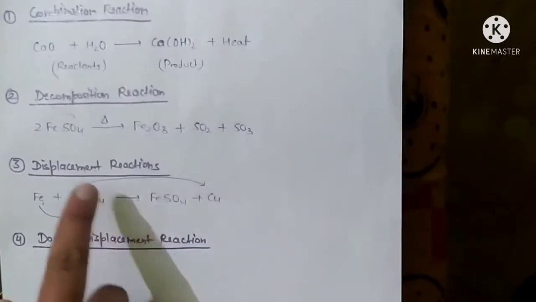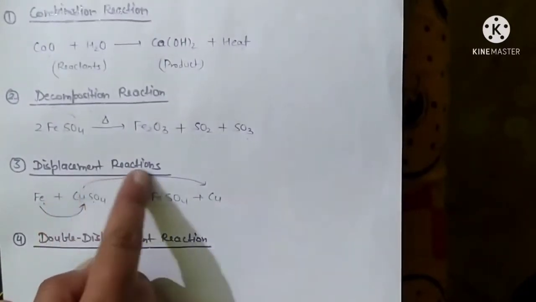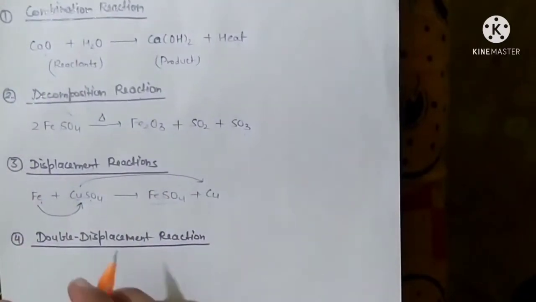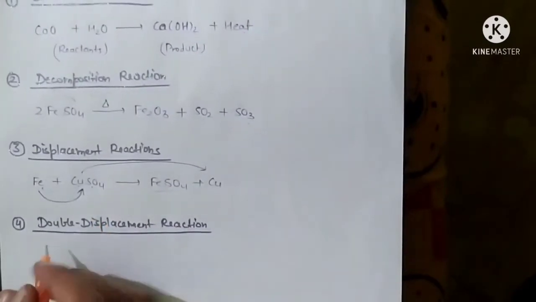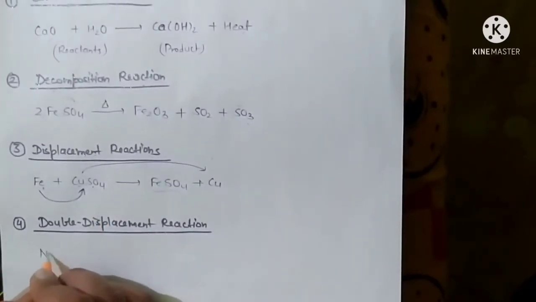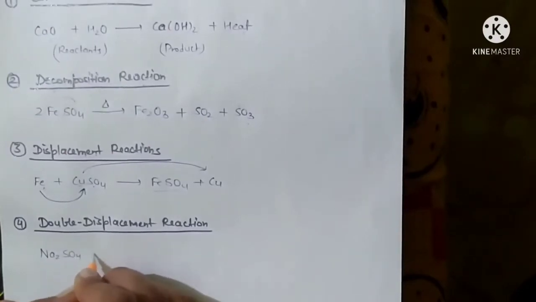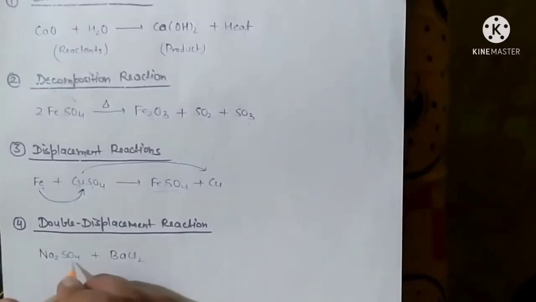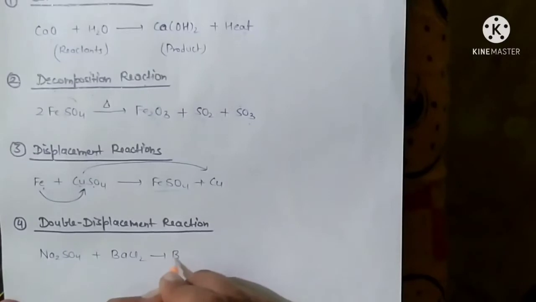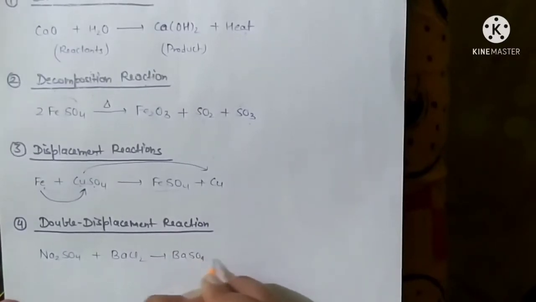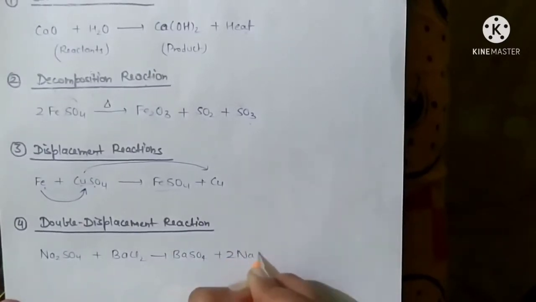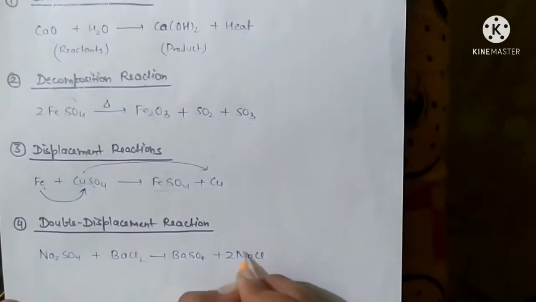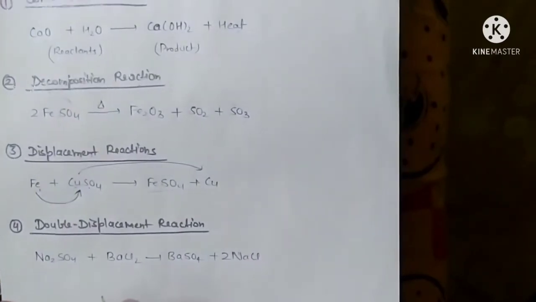It is similar to displacement reaction, but it is quite different in some manner. Let's take an example, Na2SO4. When Na2SO4, sodium sulfate, reacts with barium chloride, it forms barium sulfate plus sodium chloride, NaCl. This is common salt.